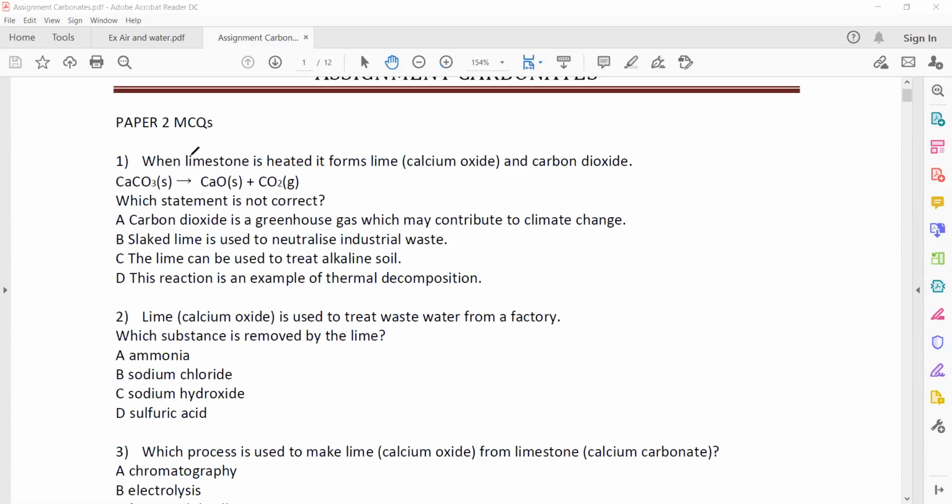Question one. When limestone is heated, it forms lime, calcium oxide, and carbon dioxide. Which statement is not correct? Which statement is not correct here?